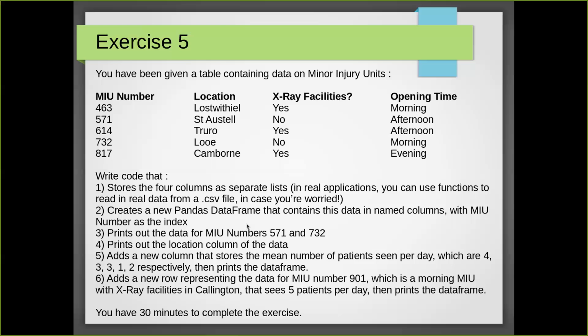And then to add a new row representing the data for minor injury unit number 901, which is a morning MIU with X-ray facilities in Callington, that sees 5 patients per day, and then print out again your new data frame. So I'm going to give you 30 minutes to do that, so you can have till 4:10.